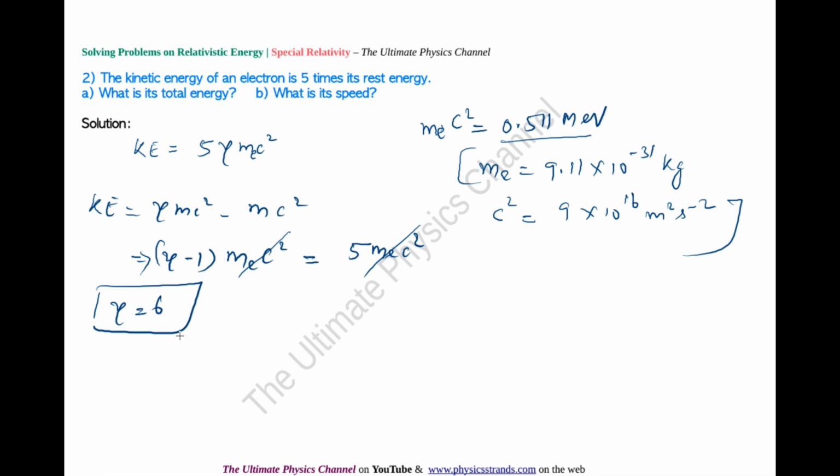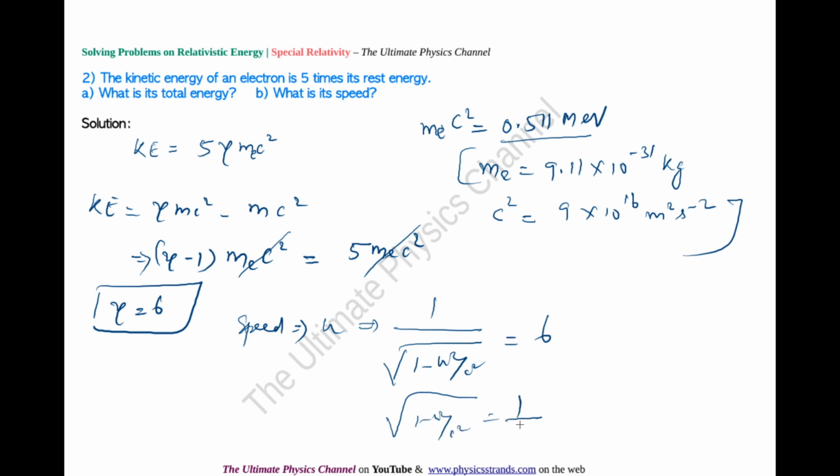What is the speed? The speed, let's call it u, can be obtained from the gamma equation: 1 over square root of 1 minus u squared over c squared is equal to 6. So square root of 1 minus u squared over c squared is 1 by 6. So 1 minus u squared over c squared is 1 by 36. So u over c is the square root of 1 minus 1 over 36.